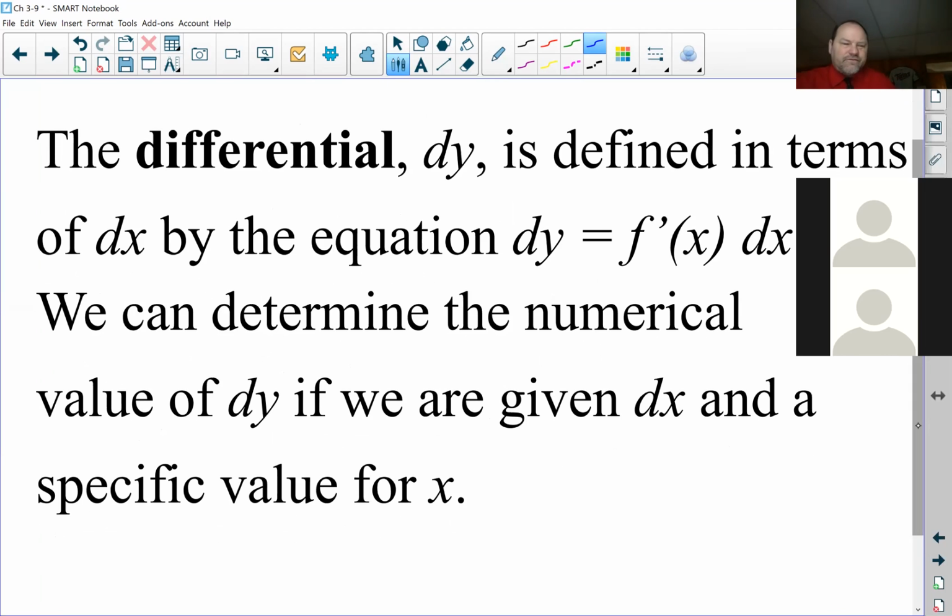And we can determine the value of dy if we're given the value of dx and a specific value for x. Basically just plugging in and solving for whatever piece we need.